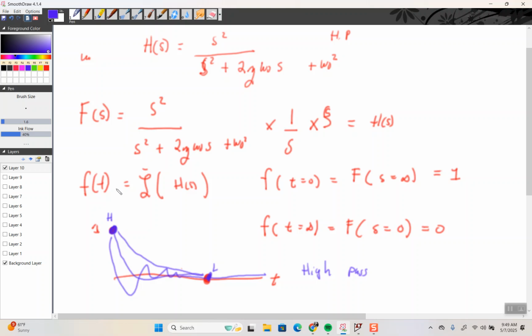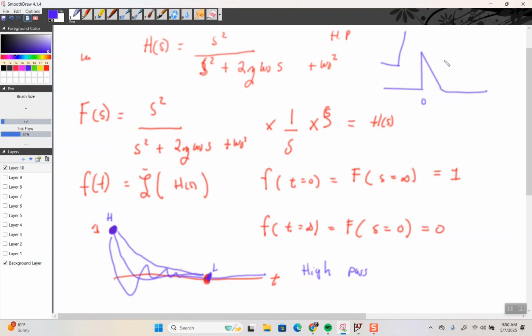It jumps up to 1 and then it goes to. Here, let me draw a little better. So, there's no step, there's no output, or it's 0. Then at the edge, the high pass filter detects that edge and passes it all the way through, and then it decays somehow back.